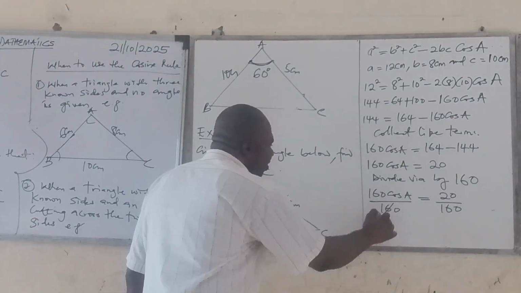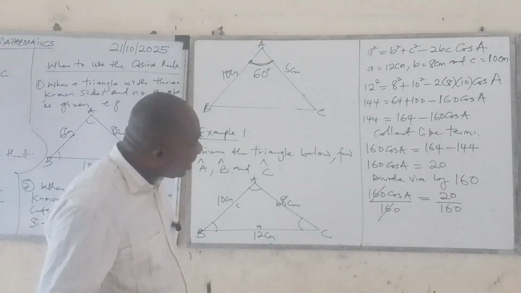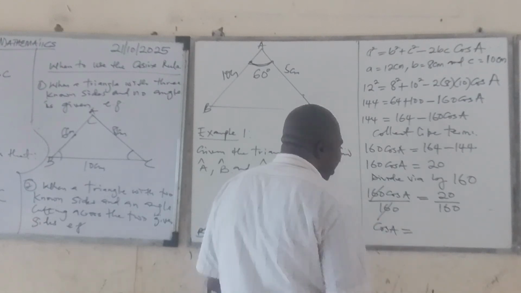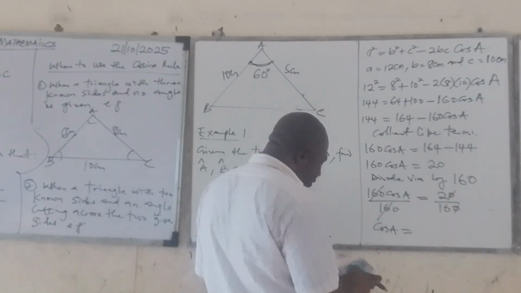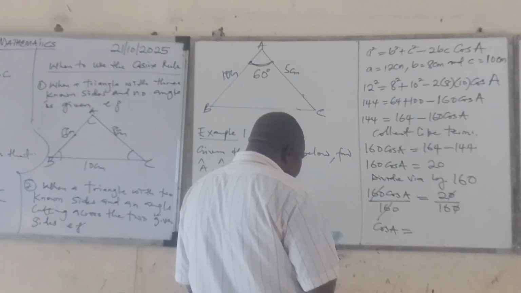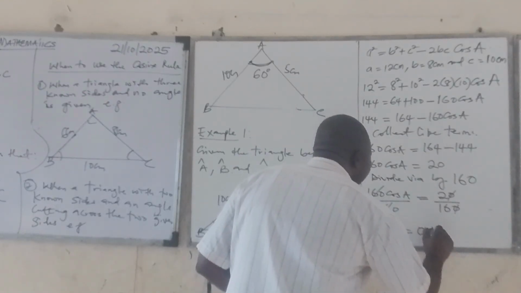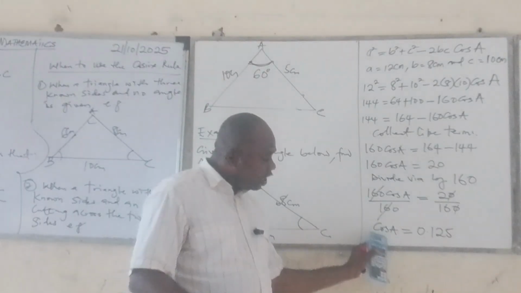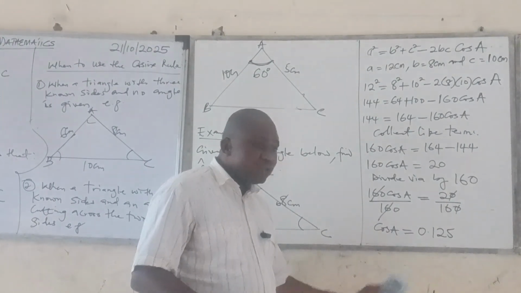The 160 cancels, leaving cos big A. The 0 goes with this 0, so we have 2 over 16. Now 2 divided by 16 gives 0.125. So the value of cos A is 0.125.